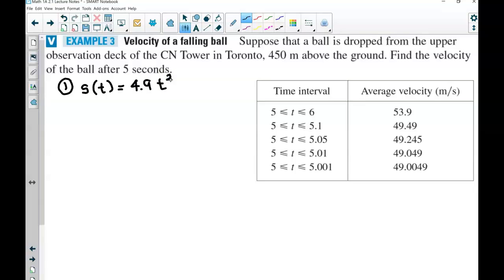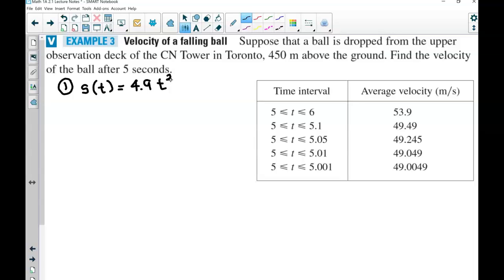Now, the difficulty in finding the velocity after 5 seconds is that we are dealing with a single instant of time, which is just t equals 5. So no time interval is involved. However, we can approximate the desired quantity by computing the average velocity over the brief time interval of 1/10 of a second.